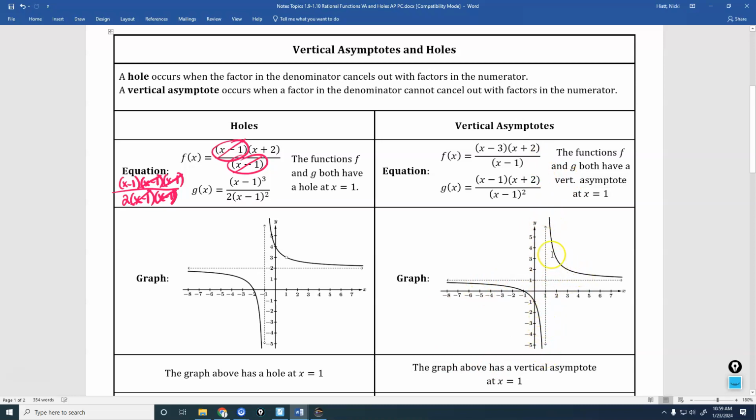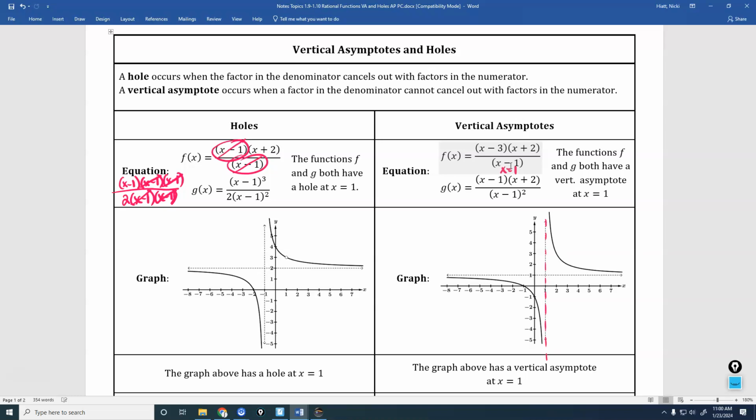It's going to be a line that you get closer and closer and closer to as you approach that value. So like for example here, this would be at x equals positive 1. And so if we think about that graph right there, x equals positive 1, that vertical line, we're getting closer and closer to it, but we never touch it.